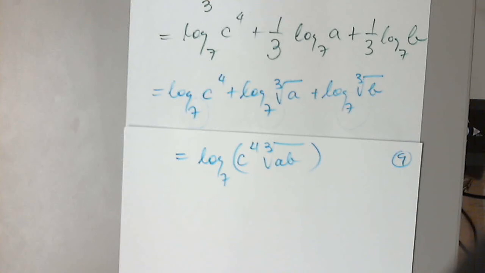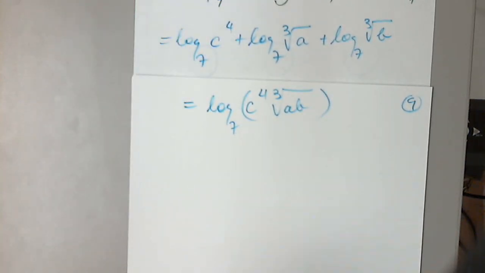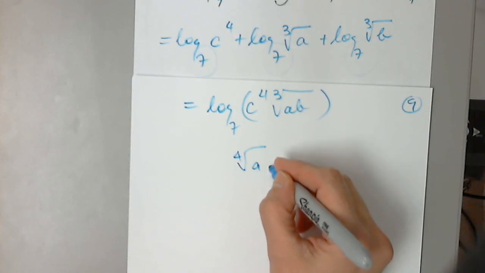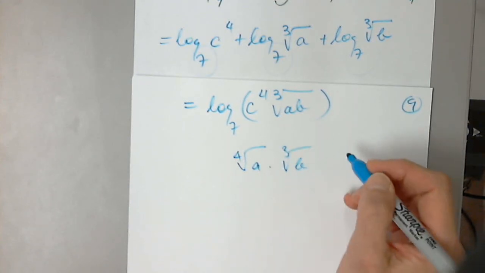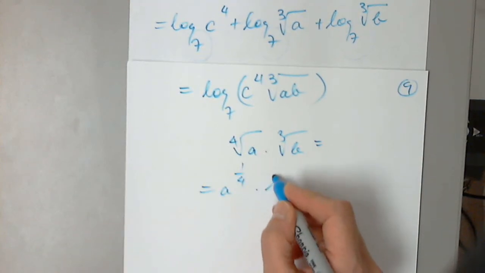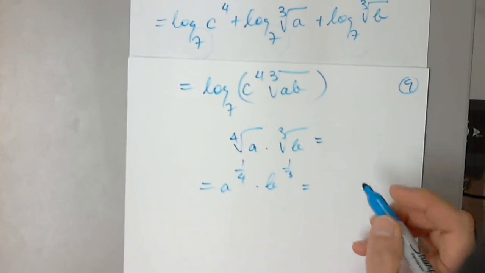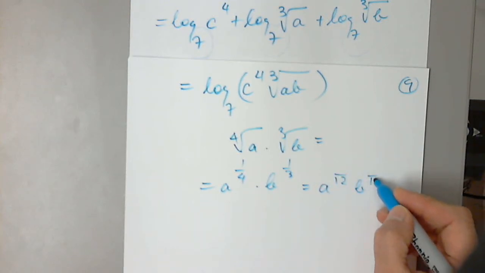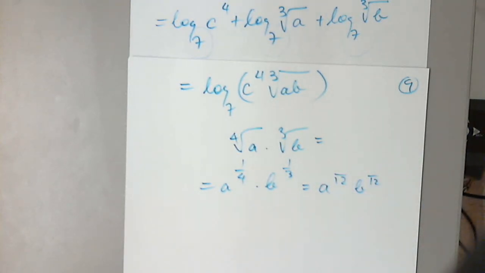Excellent question. If it happens that we are asked to multiply the 4th root of A by the cube root of B, you will write A to 1/4, B to 1/3. You will find the least common denominator, which is 12, and change both exponents into exponents over 12. But now how do I change it? What is 1/4 equal to in terms of something over 12?